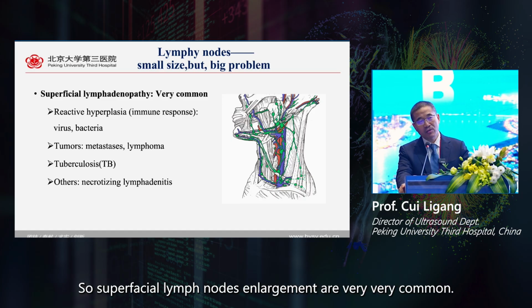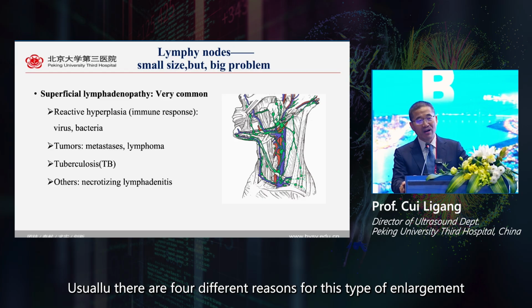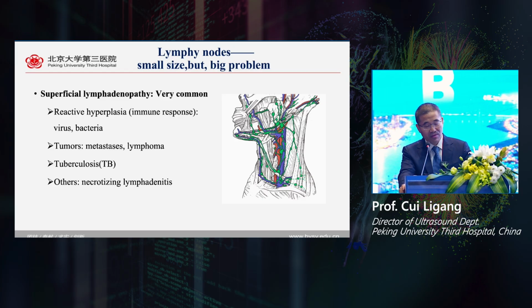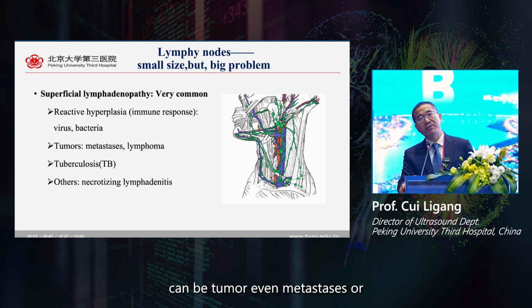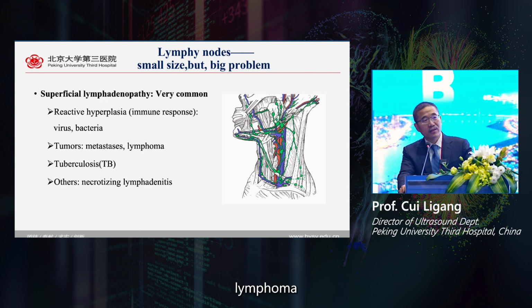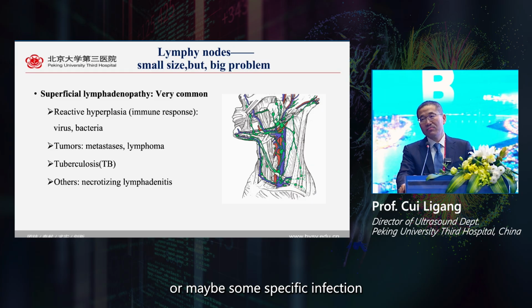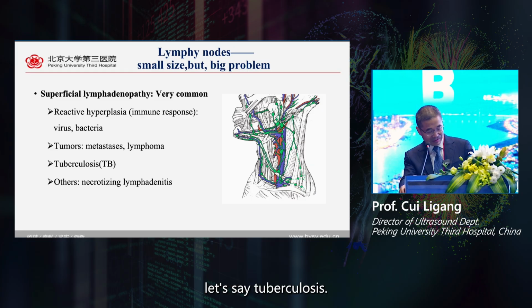Superficial lymph node enlargements are very, very common. Usually there are 4 different reasons for this type of enlargement. It could be reactive hyperplasia from a virus or some bacterial infection, or it can be tumor, even metastasis or lymphoma, or maybe some specific infection, let's say tuberculosis.